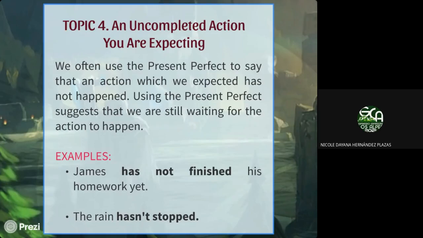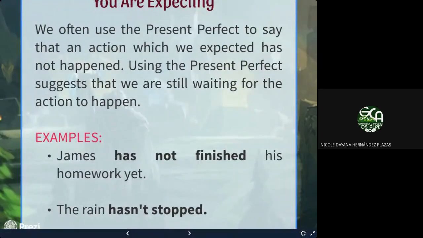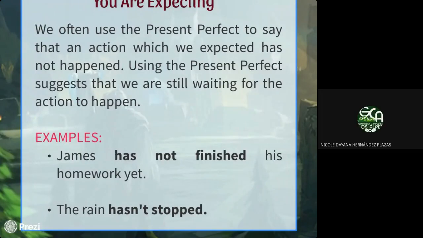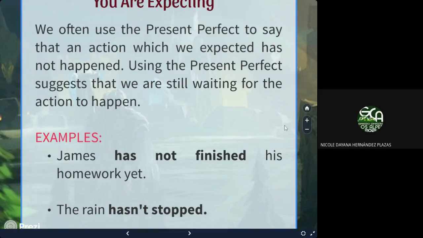Questions up to this point? The ones who are at home, questions up to this point? I guess no. So you are saying no. Teacher, we usually use yet with a negative sentence?